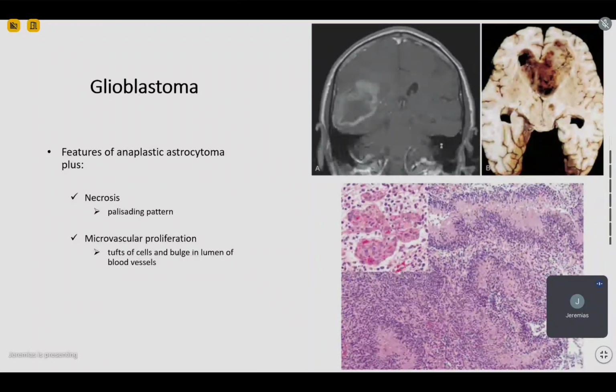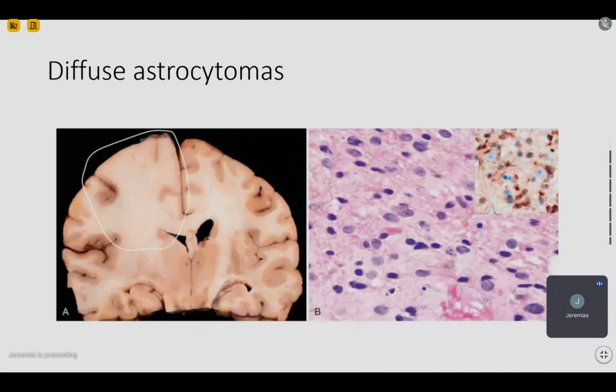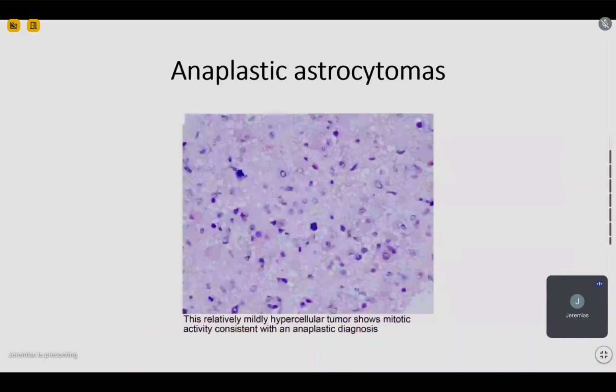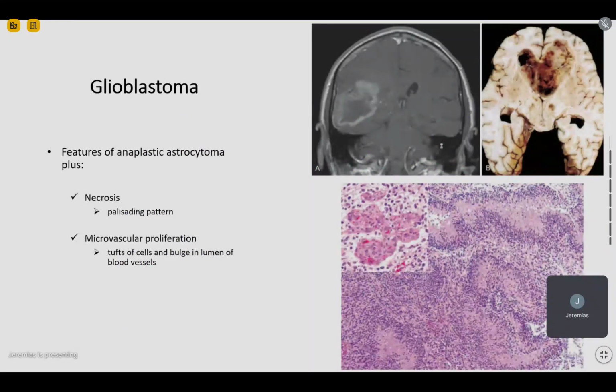The higher the grade, the worse the prognosis. Aside from mitotic activity, the description includes necrosis and microvascular proliferation. Necrosis and microvascular proliferation indicate glioblastoma, and this one is WHO grade 4.